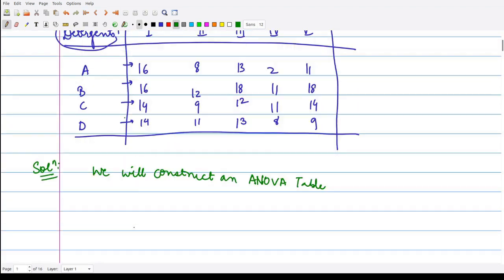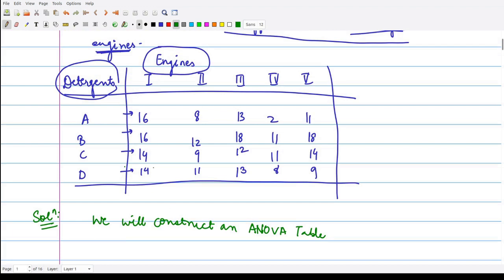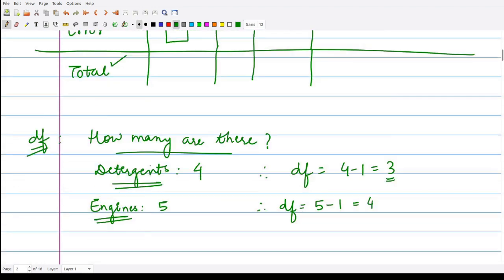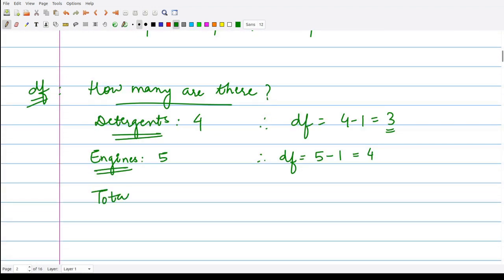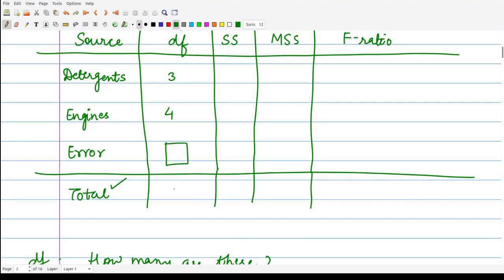In total, how many data values are there? 20, right? 5 in each row and 4 in columns. In total, we denote that by capital N, we have 20 elements. So the degree of freedom for total would be 20 minus 1, that would be 19. So we'll write 19 here.